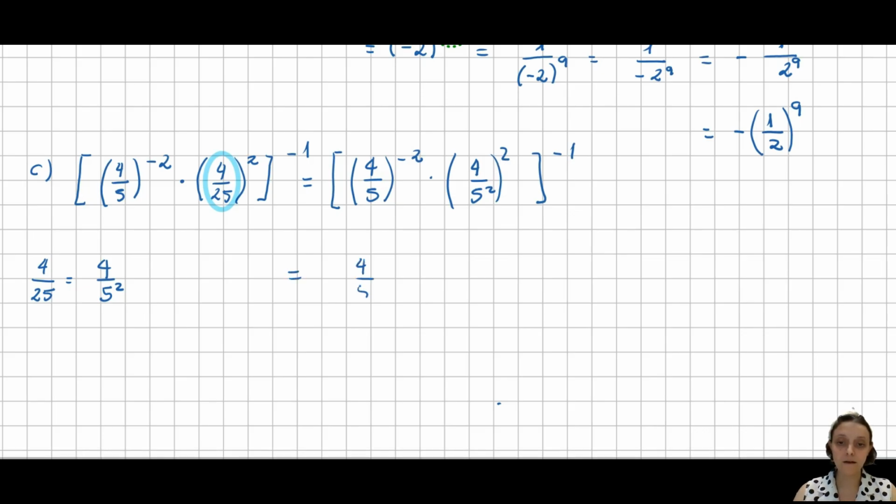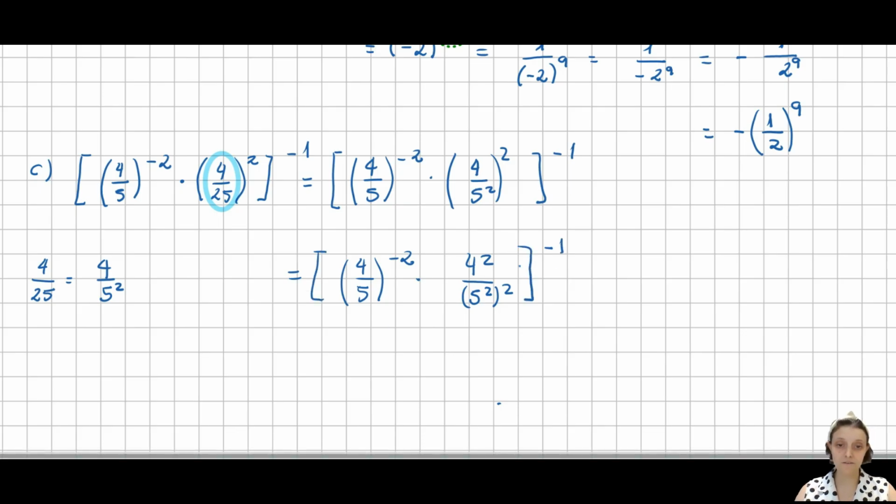4 divided by 5, to the power of 2, 5 to the power of 2, and again to the power of 2. See right here that we have another property for the 5, where we have to multiply these two exponents.